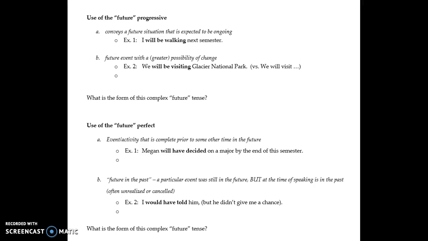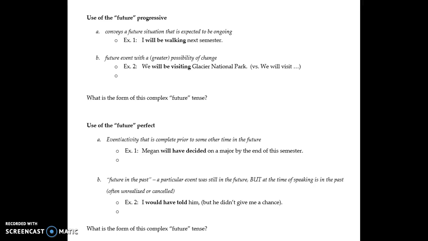ongoing. We can also use the future progressive for a future event with a greater possibility of change. So I might say we will be visiting Glacier National Park, and that again is a future intention, but it has a little more likelihood that I might not get there.